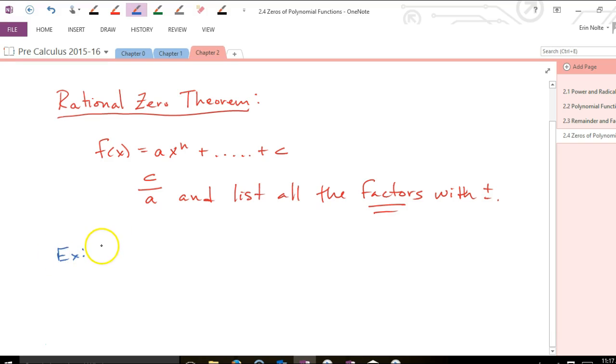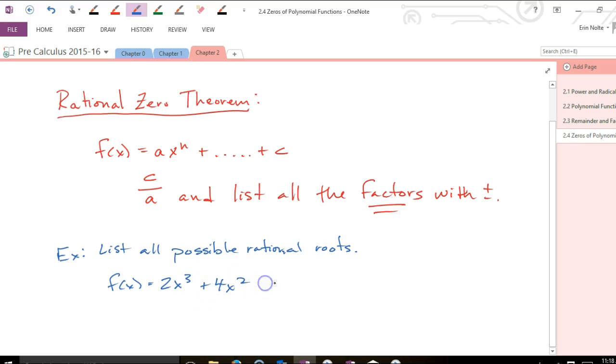Okay, so if they're going to ask us to list all possible rational roots, okay, so these are only the roots that can be written as a fraction, of, let's say, our function 2x cubed plus 4x squared minus 2x minus 4.